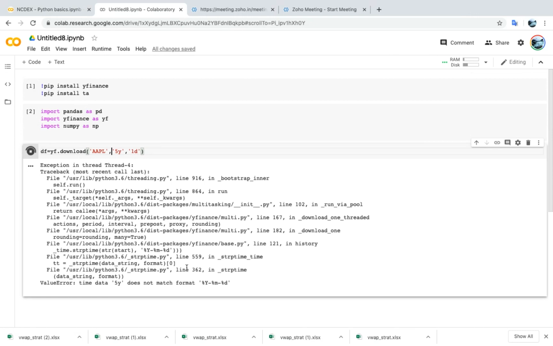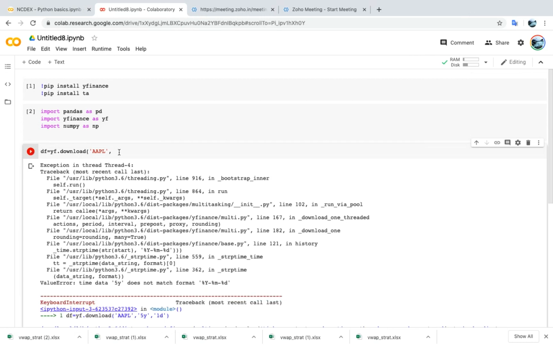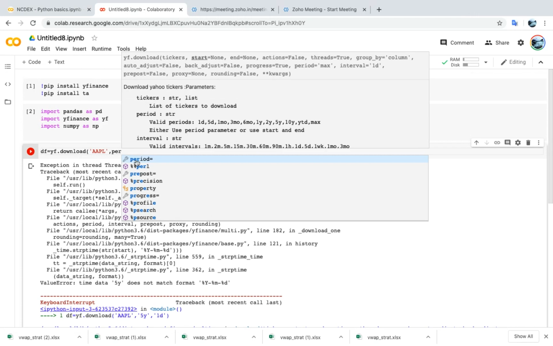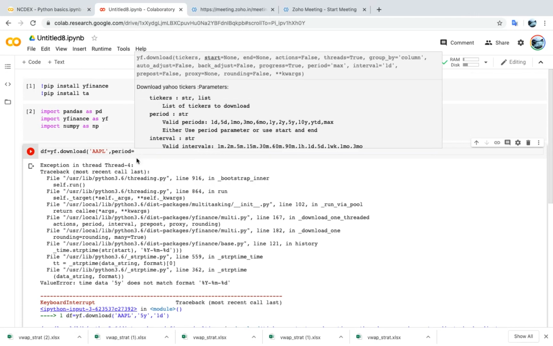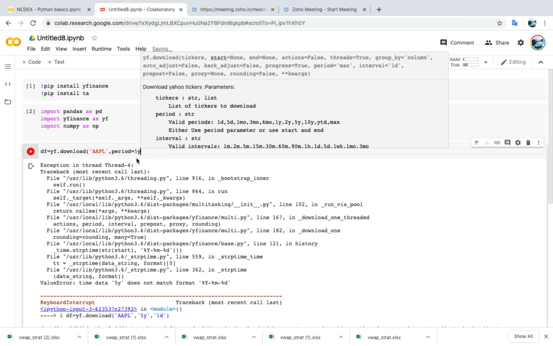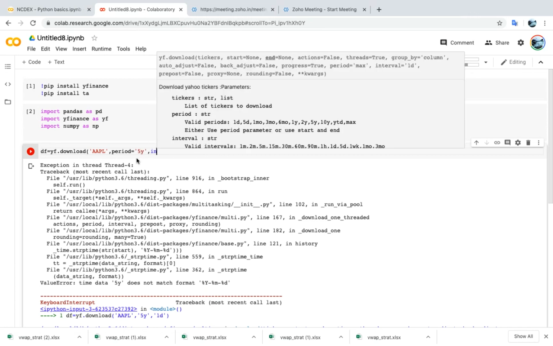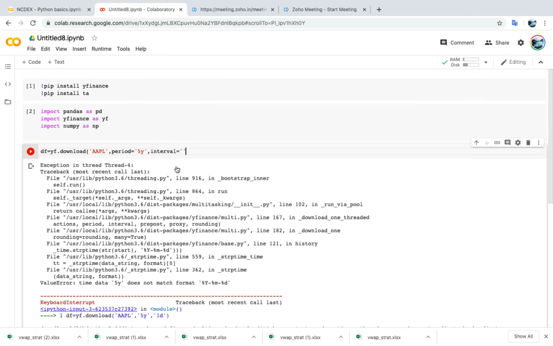So what I will do, I will remove this again, and I will specifically mention period is equal to 5y, next is interval is equal to 1 day.